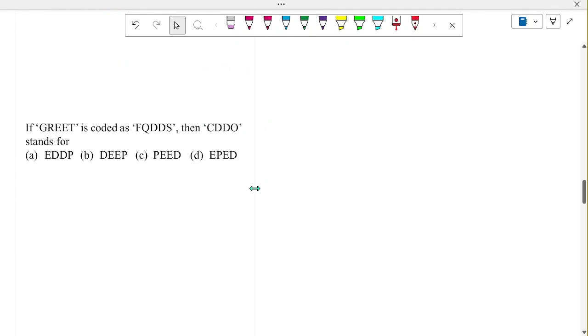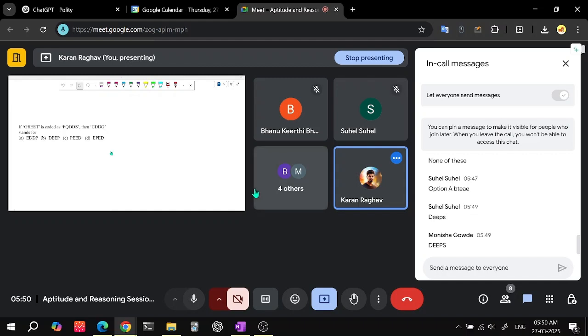Try to solve this question. I understand these questions are a bit vague, meaning identifying the pattern or the relation between the given two words initially will be a bit difficult, but by practice it will be faster.